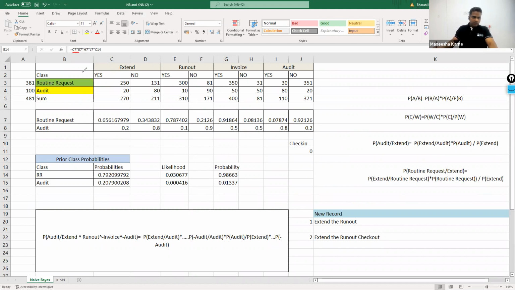So if you look at C7, what is C7? Probability of having the word extend, given routine request. E7 will give you probability of having the word run out, given that it is routine request. What does H7 give you? Probability of the word invoice not appearing, given that it is routine request.